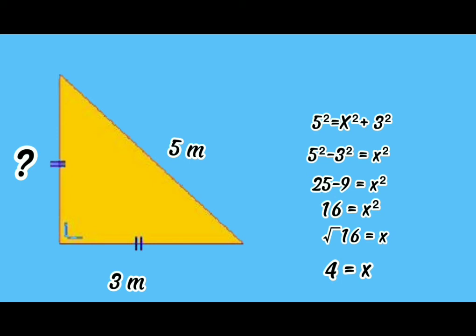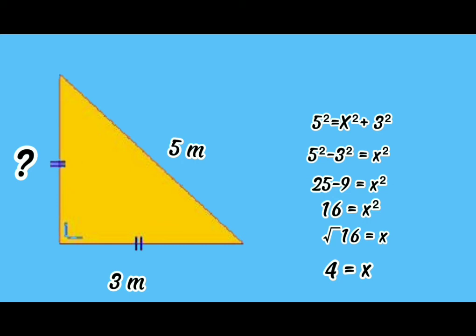5 squared equals x squared plus 3 squared. So 5 squared minus 3 squared equals x squared. And then 25 minus 9 equals x squared.